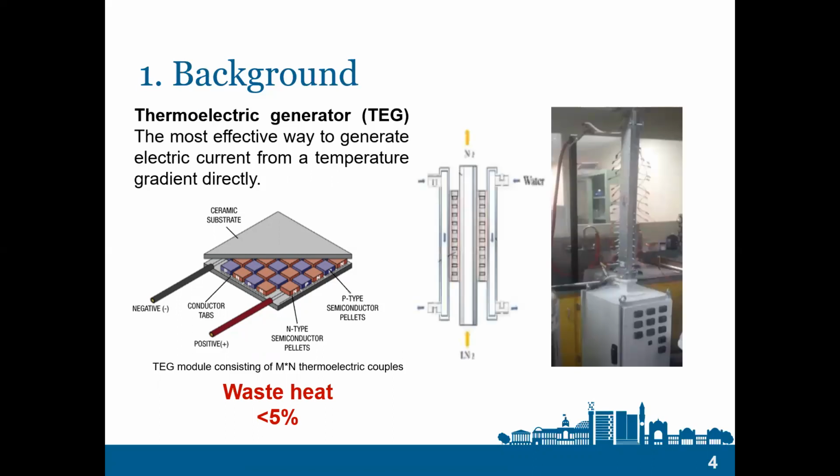A company named Solid Seal proposed to use a thermoelectric generator to recover the cryogenic energy, so the thermal efficiency could be increased to 10% based on the experiment data.